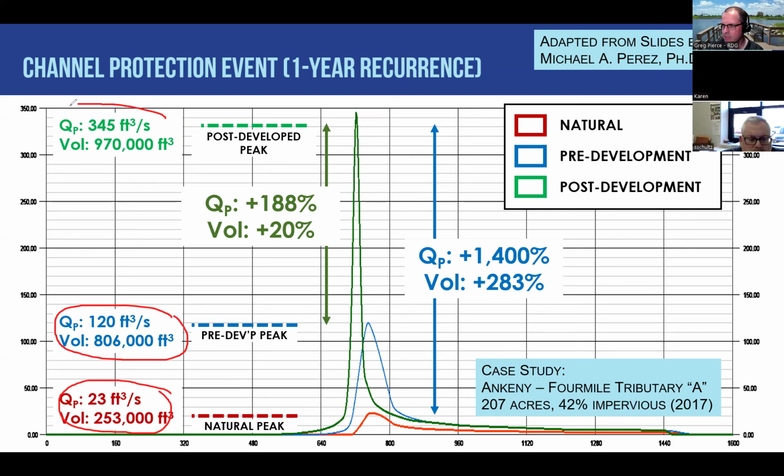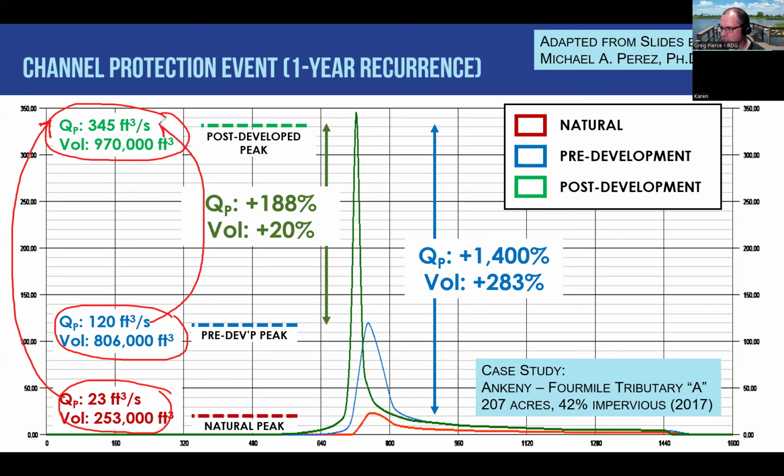But then once we get up to the developed condition without any kind of stormwater management, we're talking flow rates that are 14, 15 times higher than the natural condition and about 3 times as large as the existing agricultural conditions. In addition to that, we're seeing a 20% increase in volume as well. So we have higher volumes of flow that we need to think about, and also the rate of flow is tripled.